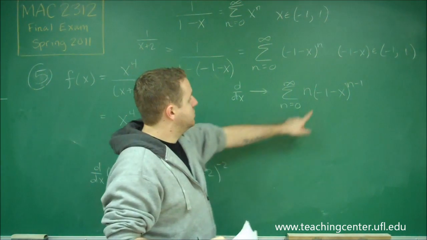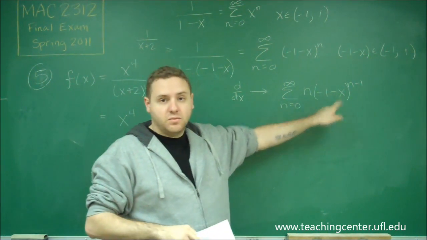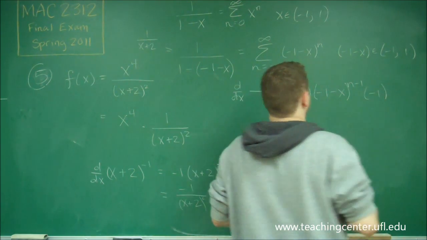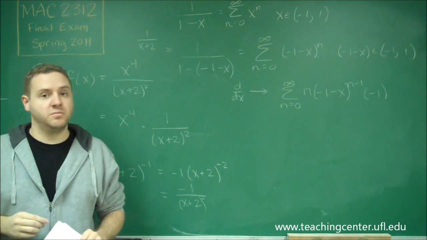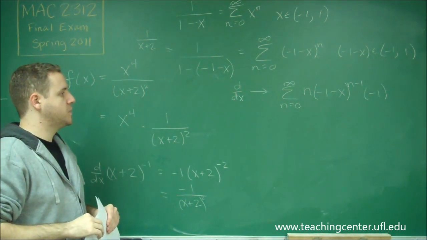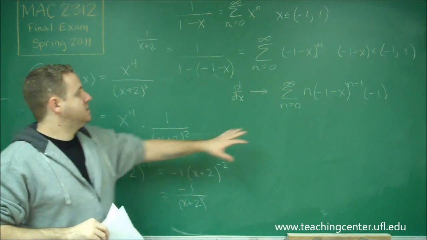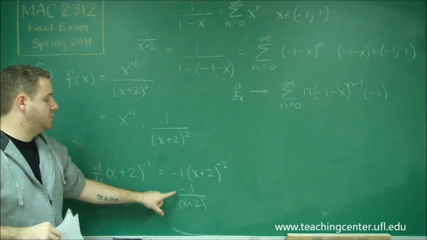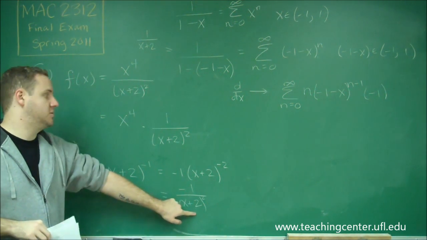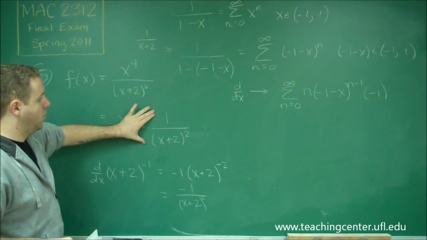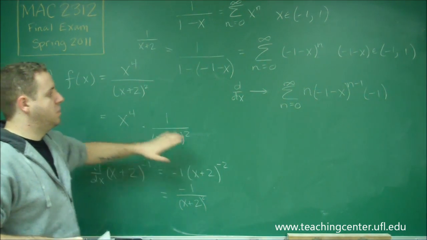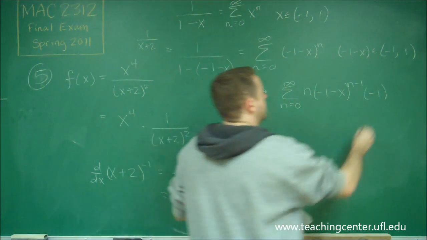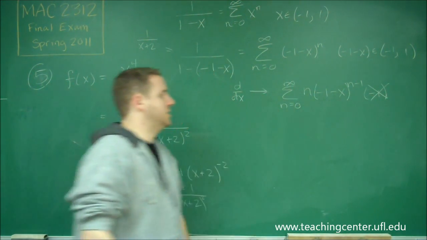However, our derivative of the inside is -1, so we do have to multiply by that, with the same interval as above. So that's the derivative of 1 over x plus 2, which, like we said, is equal to -1 over (x plus 2) squared. We just want 1 over (x plus 2) squared, so we take the negative of this. Since it already has a negative sign, we just kill that.